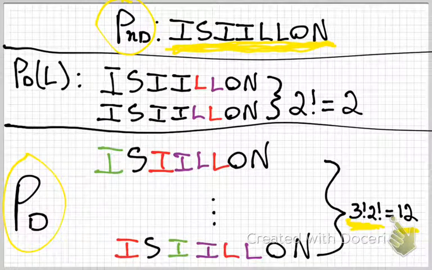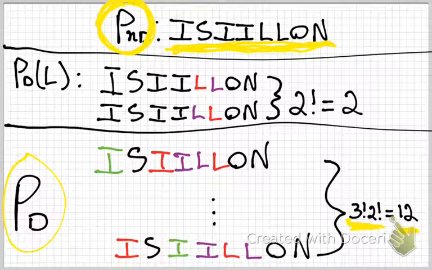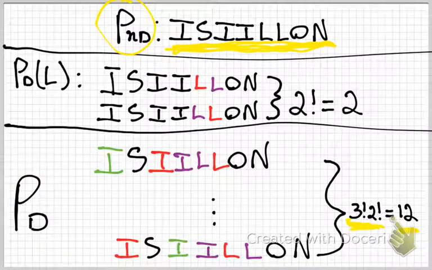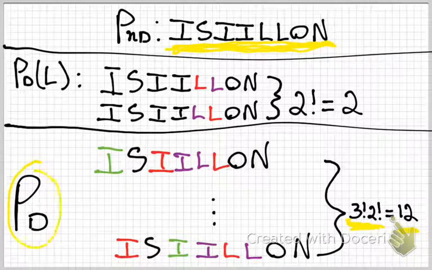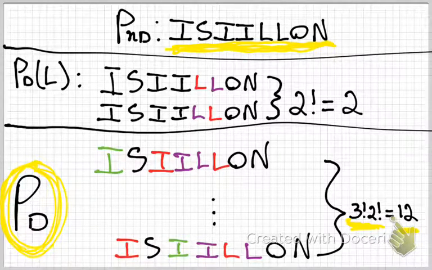Now remember, this is the total number, that right there is the total number of permutations in which alike letters are not distinguished between each other. And this is the total number of permutations in which alike letters are distinguished between. We want to find out how many do we get.